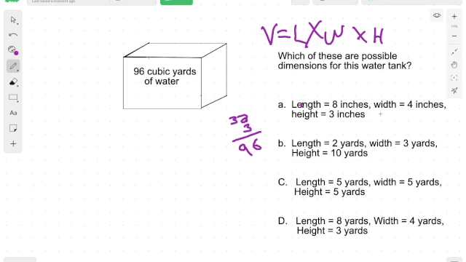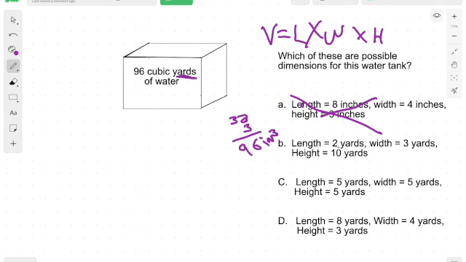This would be 8 inches times 4 inches times 3 inches. That would be 96 cubic inches, wouldn't it? Is that what my tank of water is? No, it's not. This is 96 cubic yards, isn't it? Look at that. So they're trying to trick me here. This one cannot work because this is in inches and it has to be cubic yards.